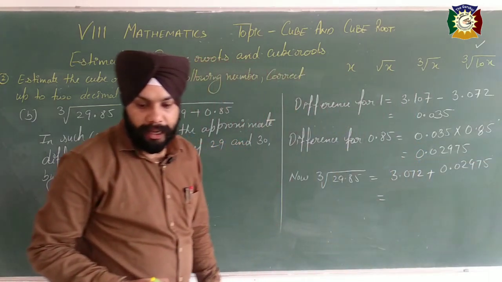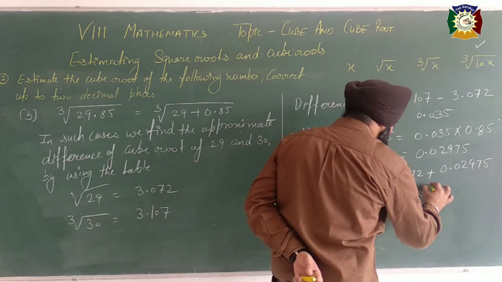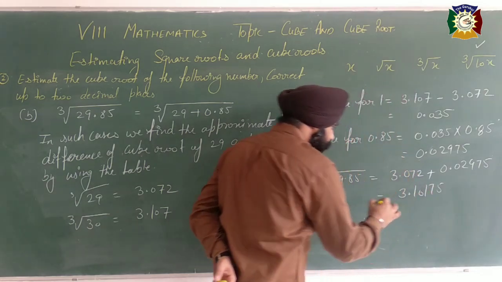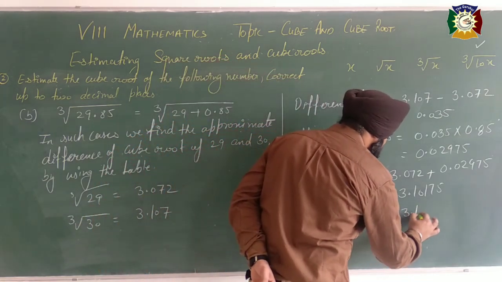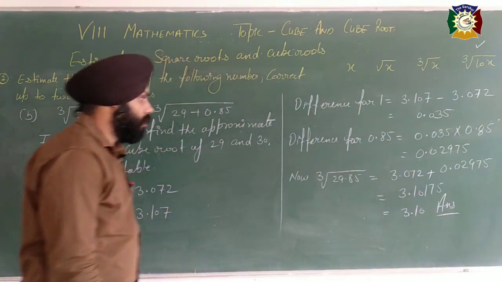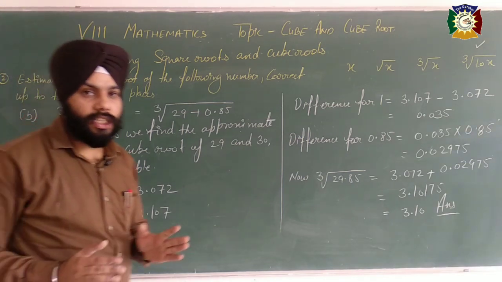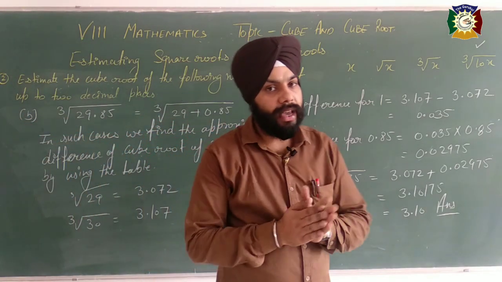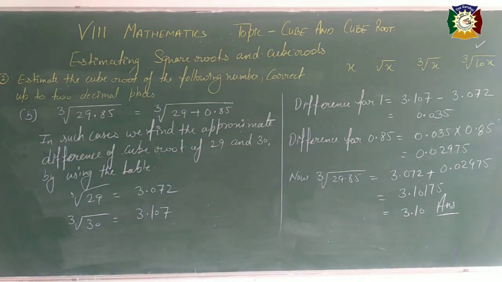Adding them, we get 3.10175, and correct up to 2 decimal places, our answer is 3.10. This is the solution for this question. On the basis of this, you have to complete your exercise 3.6, and if you face any problem, then ask me. Thank you and have a nice day.